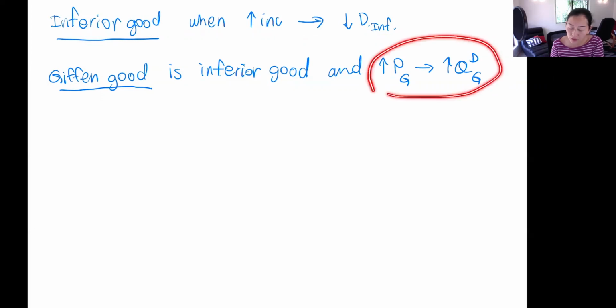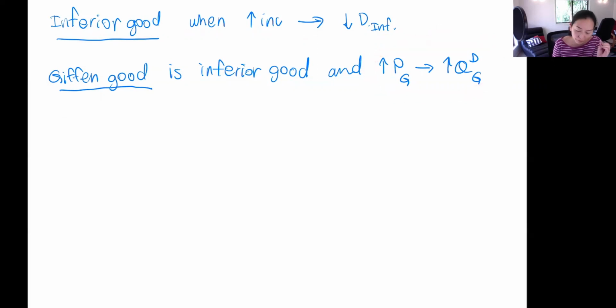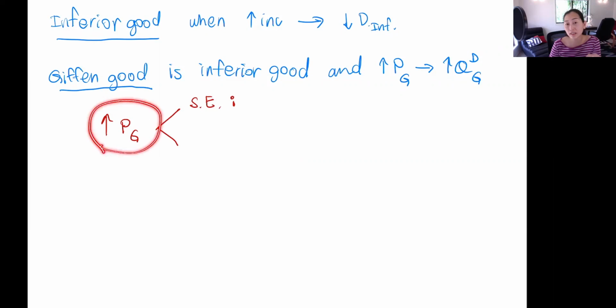And we could explain this phenomenon by using the income effect and substitution effect of the Giffen good. So if we start with the price of the Giffen good increasing, there are two effects that work together. The first one is the substitution effect. If the Giffen good becomes more expensive, then by substitution effect, consumers would substitute away from the relatively more expensive good to the relatively cheaper good.